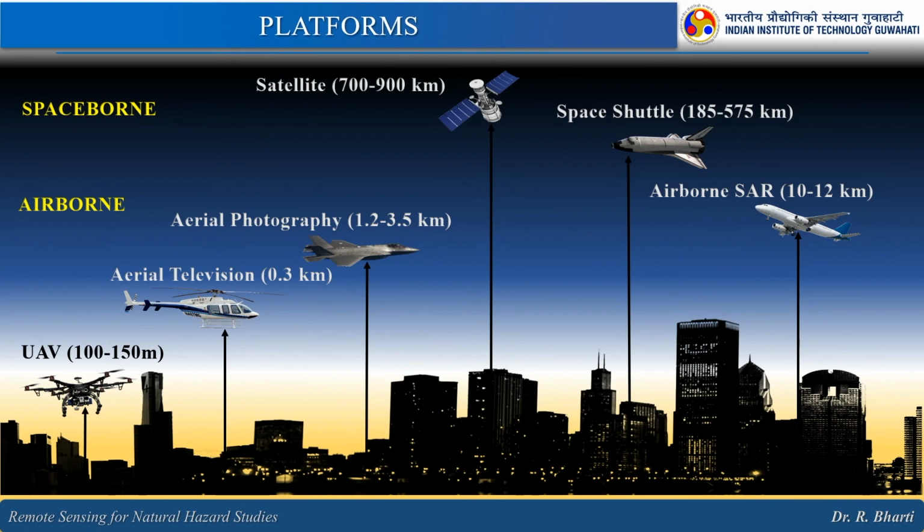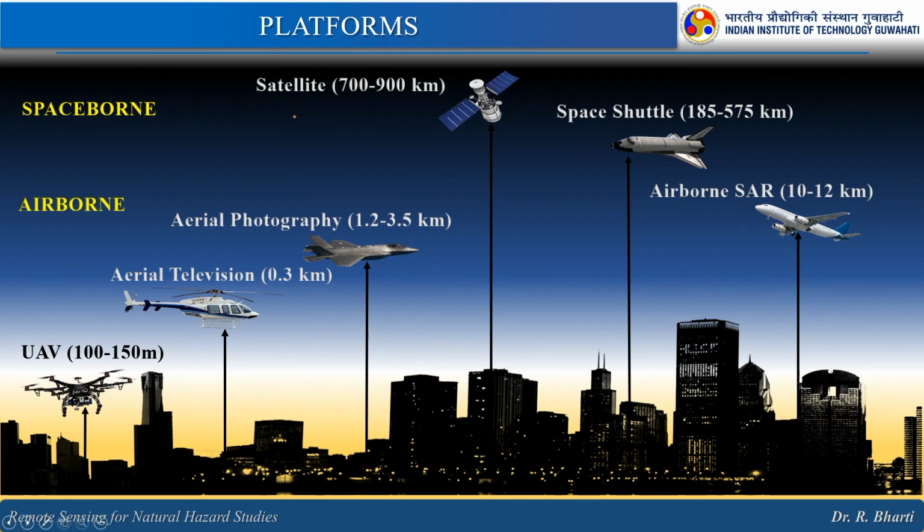This is the platform. So in remote sensing, we refer many times to space-borne satellite or airborne measurement. Sometimes you might have heard about the UAVs. So what are they? Are they space-borne, or are the satellites airborne? No. So you need to understand this.